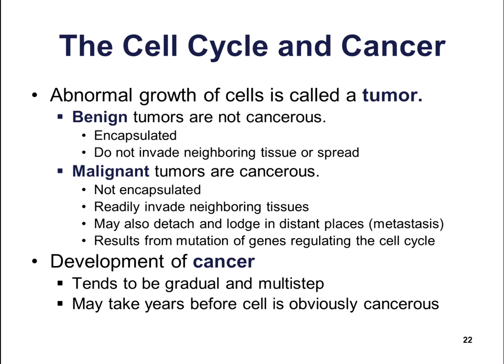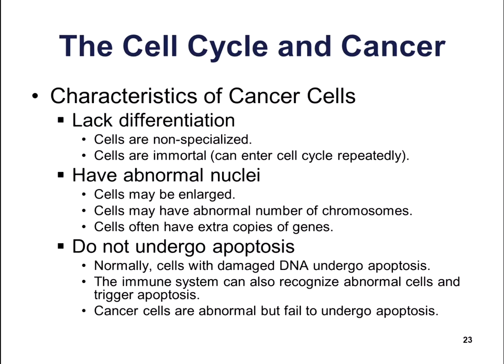The development of cancer tends to be gradual and multi-step, and it could take years before a cell is obviously cancerous. Some characteristics of cancer cells: they lack differentiation, they are non-specialized, and they are immortal. So they just can keep entering that cell cycle repeatedly, which is why and how tumors can grow.